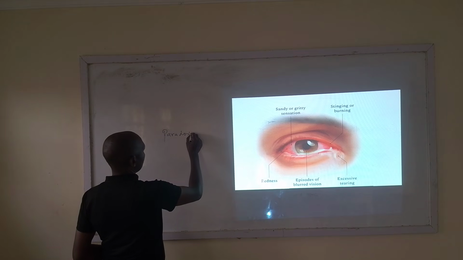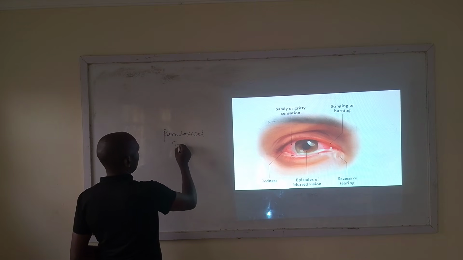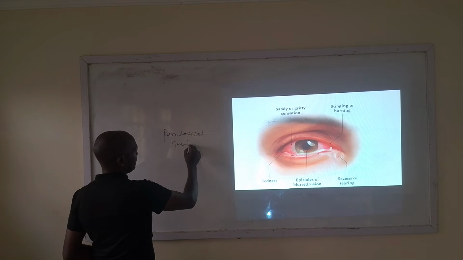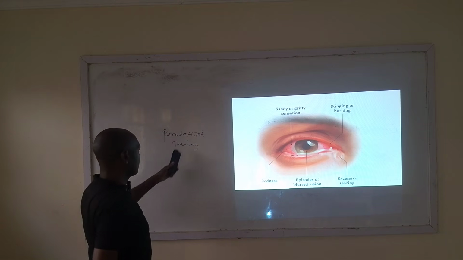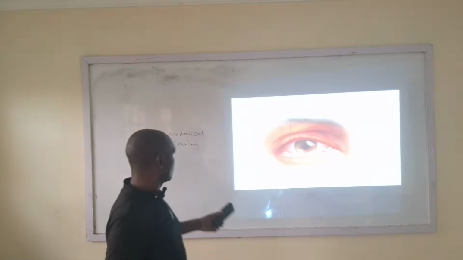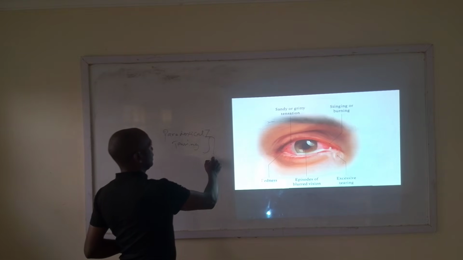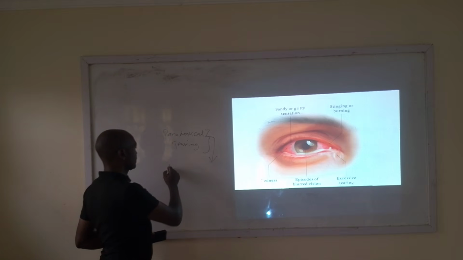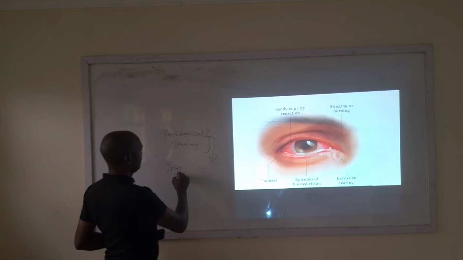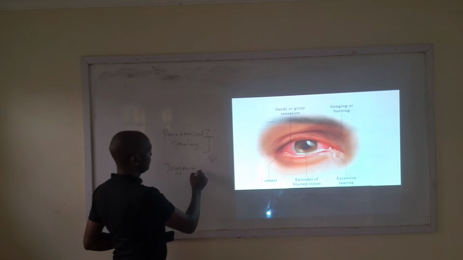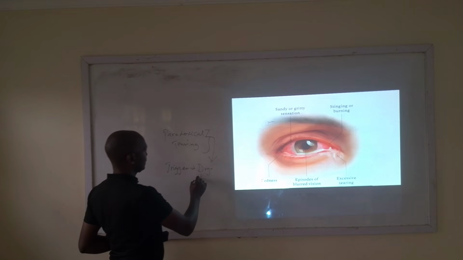Paradoxical, what you have just explained. You are having paradoxical tearing because it's being triggered by a reflex. This is a trigger, and examples of these triggers are the dry eye as well as things like onions.